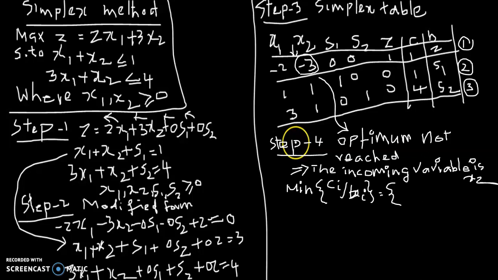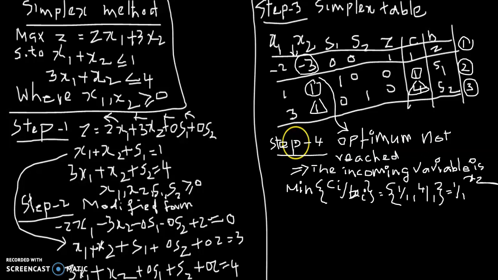So divide this by this, and divide this by this. The negative we should not take into account. So 1 by 1, 4 by 1. The minimum replacement ratio is 1 by 1.